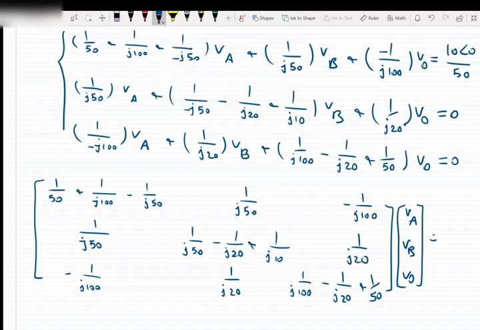is equal to 10 with the angle of 0 over 50, 0, 0.